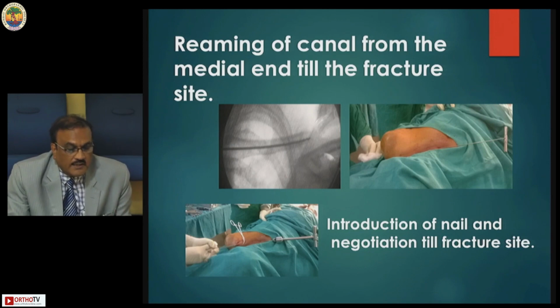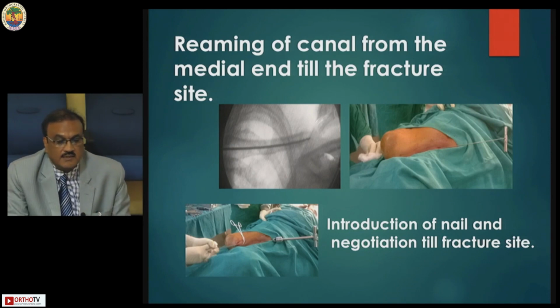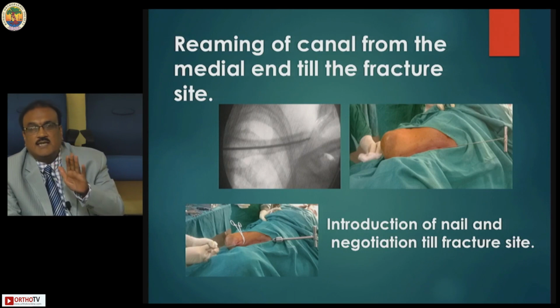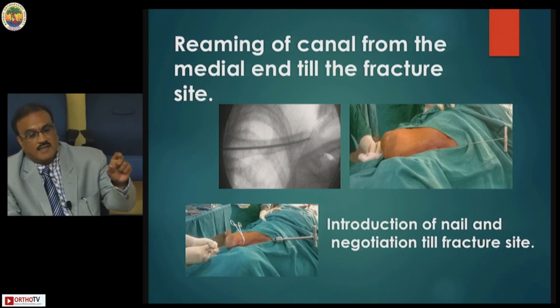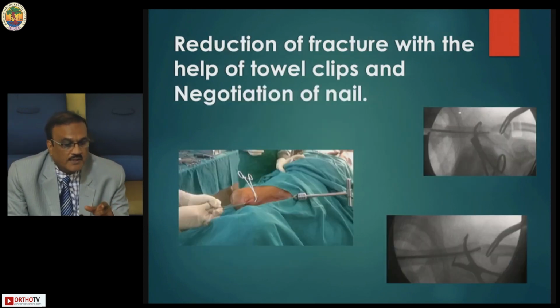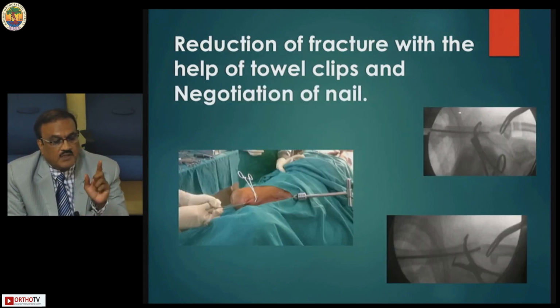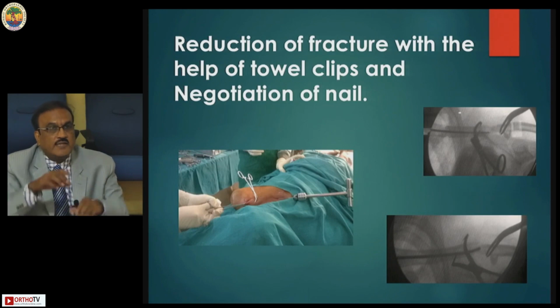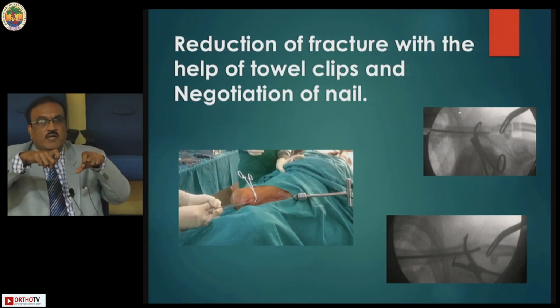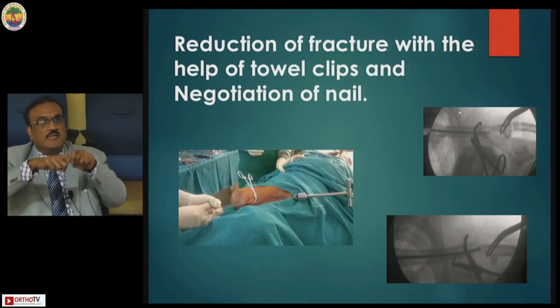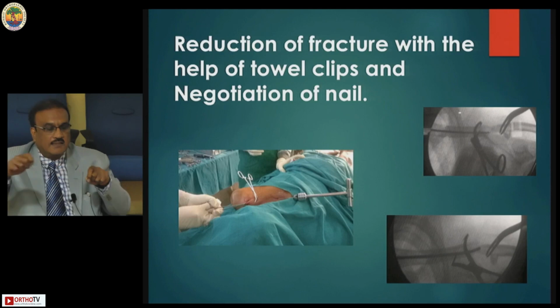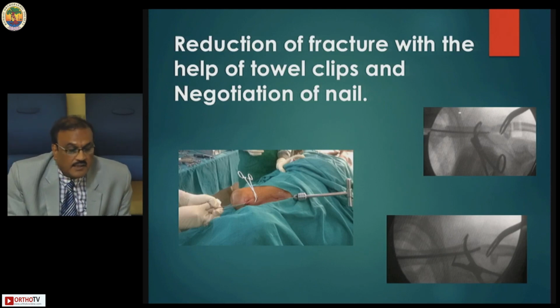Introduction of the nail and negotiation till the fracture site. You don't attempt reduction till that end. Our nail should go to the fracture site, and then reduction of the fracture with the help of the towel clip. You have to reduce both ends, you put the towel clip at the end, and then with rotatory movements and translation here and there, anterior, posterior, lock the fracture site, and then you pass the nail.